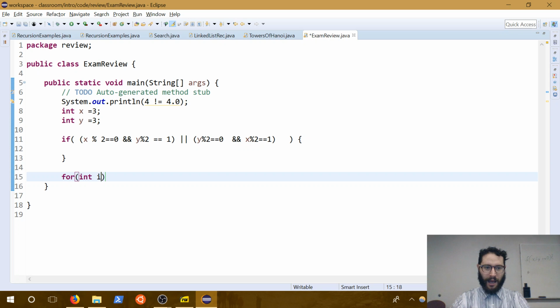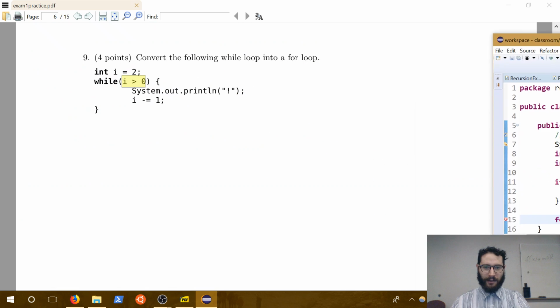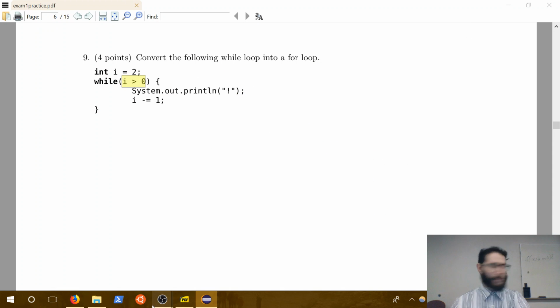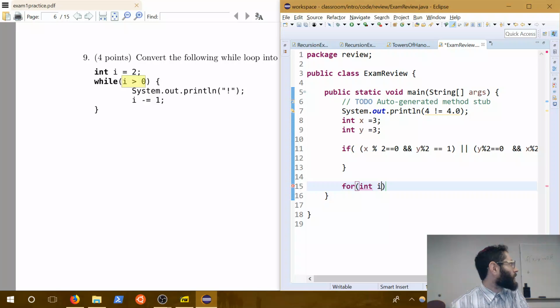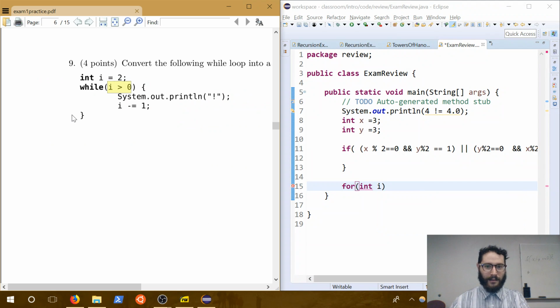For int i, let's go ahead and, oops, I just dragged it onto the, all right, how do I get you over? There we go. Keyboard shortcuts for the win.